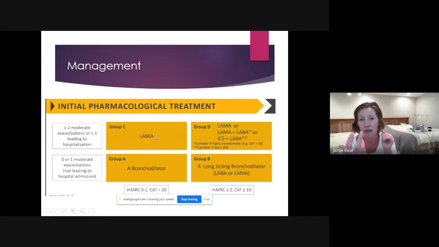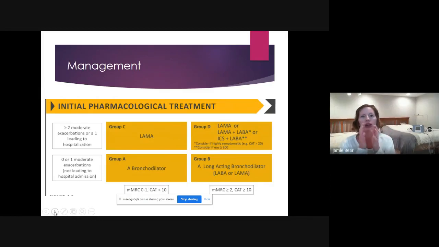Then C, a LAMA, which has been shown to be more effective at reducing exacerbations than a LABA. An example of a LABA would be your Serevent, and a LAMA would be like your tiotropium. And then we have all of our combination therapies. And if they have higher eosinophil counts, add in the inhaled corticosteroids.